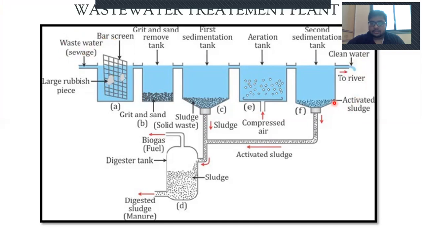This activated sludge over here and the first sedimentation tank over here, all these form sludge, and if you mix them, a manure is obtained, and this manure can further be used as biogas fuel or for many other purposes. So this is how a wastewater treatment plant works. It treats sewage water and discards the water to the river stream, forming activated sludge, and this sludge can again be used elsewhere.